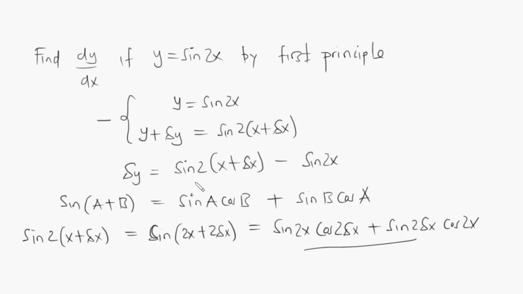So I can put this one here now. So my delta y is just going to be equal to sine of 2x cos 2 delta x plus sine of 2 delta x cos 2x minus sine of 2x.